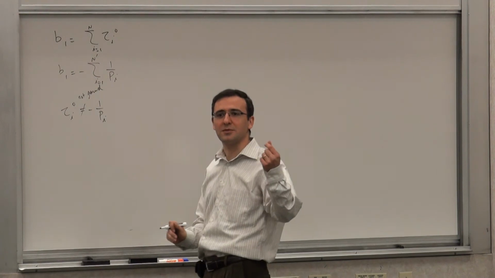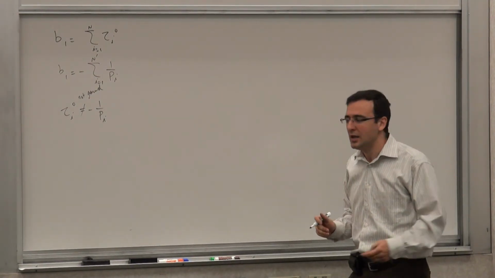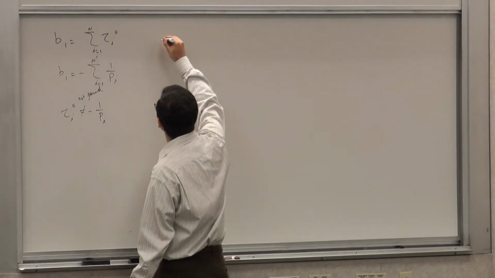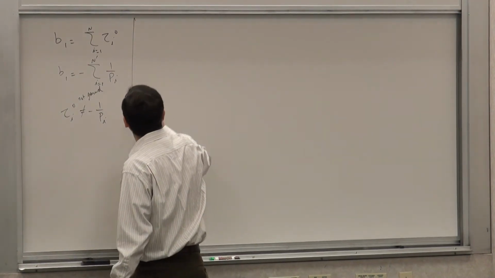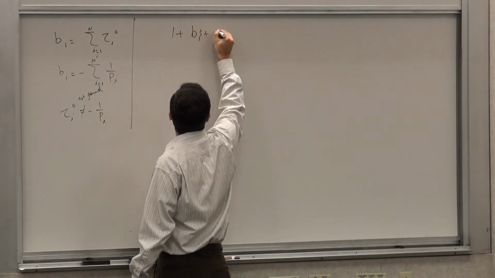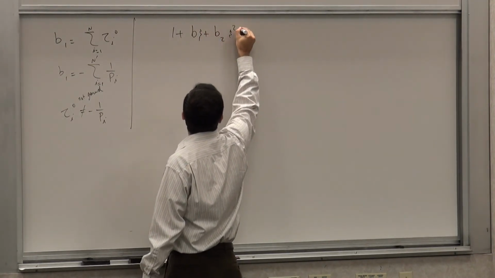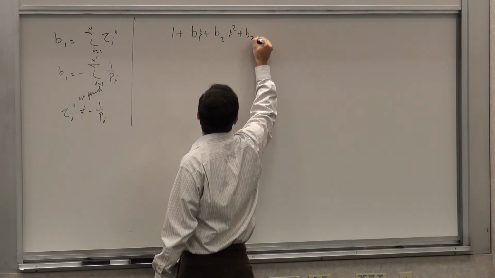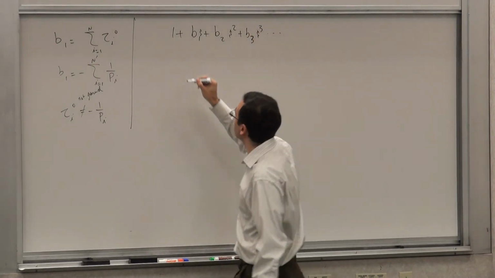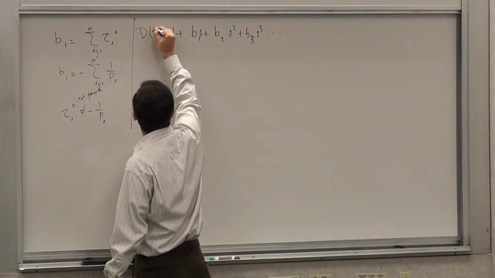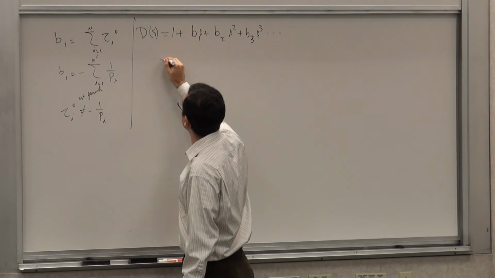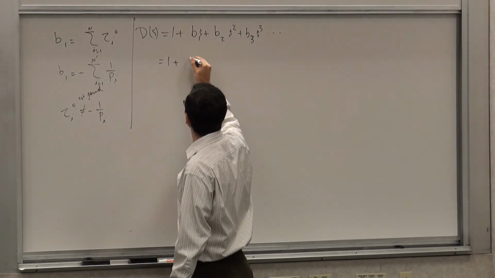But now, where does this come from though? So let's see where it comes from, this decoupled pole thing. Now we know what these terms look like, but let's think about the denominator. So the denominator in general looks like this, and so on and so forth, right? This is the denominator, D(s). I know what these terms are now, so I can write them as such.